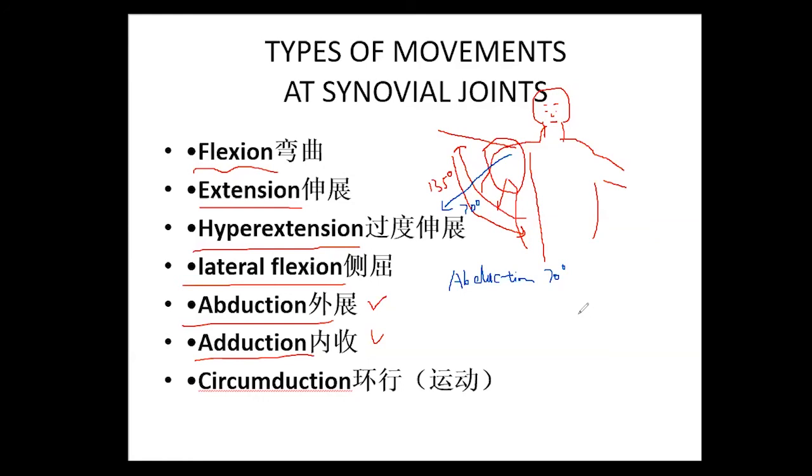Basically, they will get a little bit better. Sometimes it can go to 80 or maybe even 90 degrees, just after acupuncture treatment. And you can have the patient come back after a few days, maybe after a week, then you check it again.